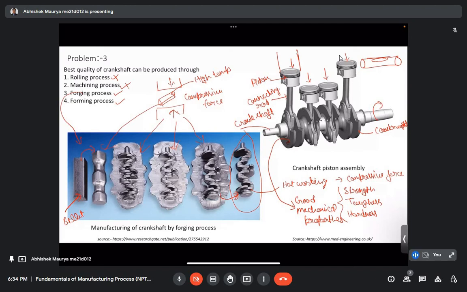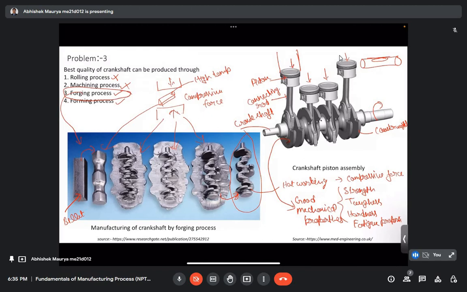And also fatigue properties: since cyclic loading is happening, fatigue properties are also required, and all these properties can be achieved with the forging process, with very little cost and very little time. Therefore this is the best process to manufacture the best quality crankshaft.